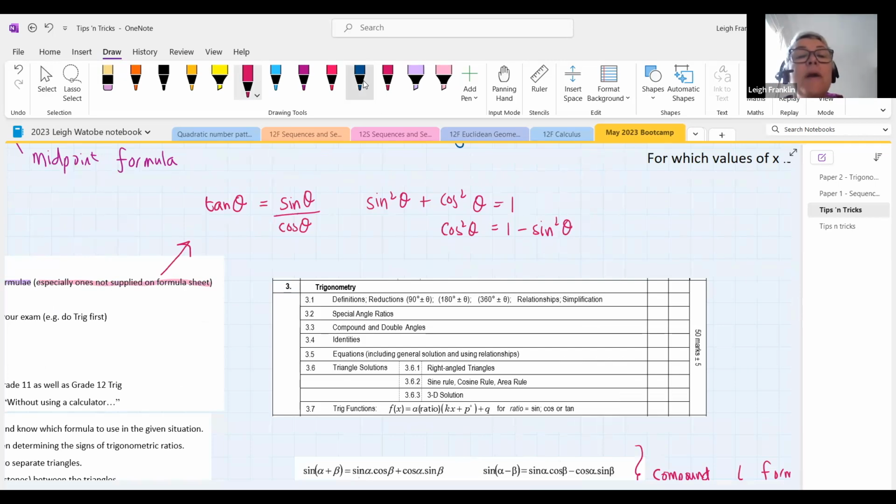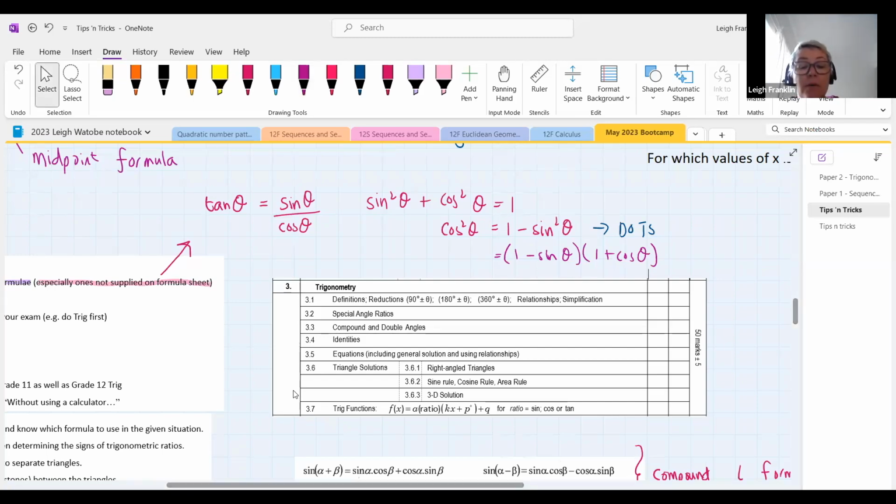Okay, and then this becomes a difference of two squares. So if you needed to, you could factorize it further, couldn't you? All right, so you could factorize it to 1 minus sine theta, 1 plus sine theta.